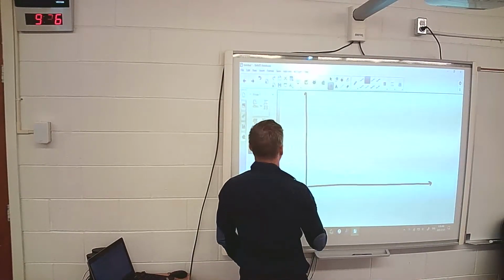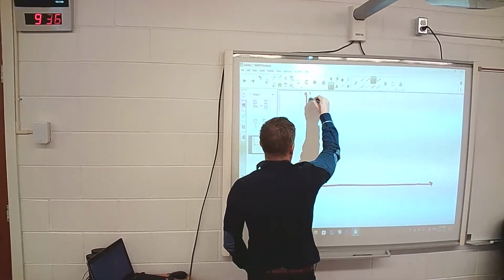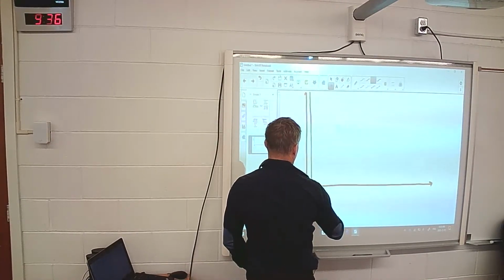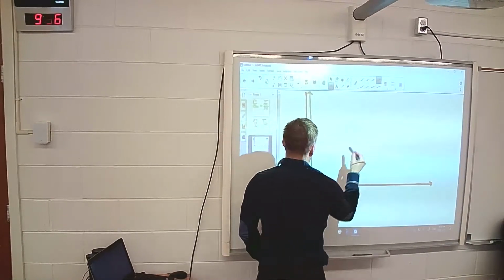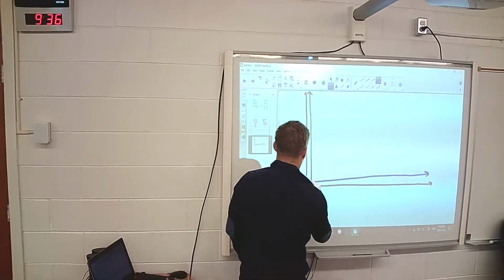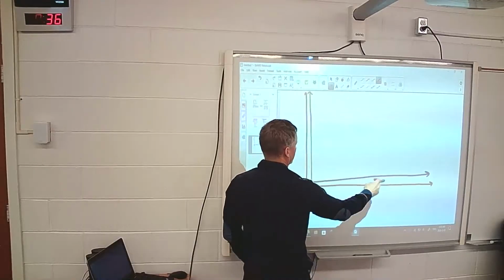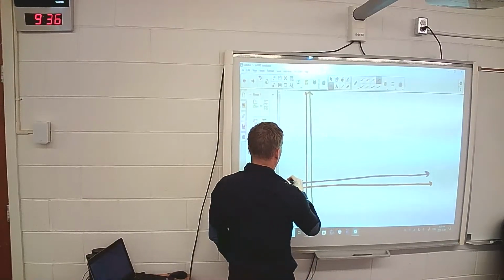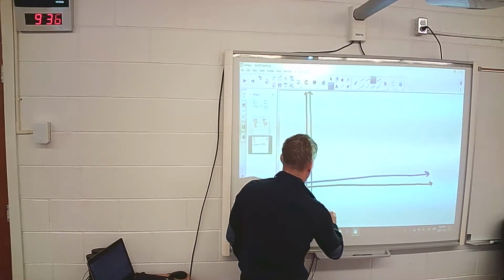All right, I'm gonna place these in. The first one I'm gonna do is shaded this way. The second one I'm gonna do is shaded up this way. So this one is y is greater than or equal to 1. This one is x is greater than or equal to 1.